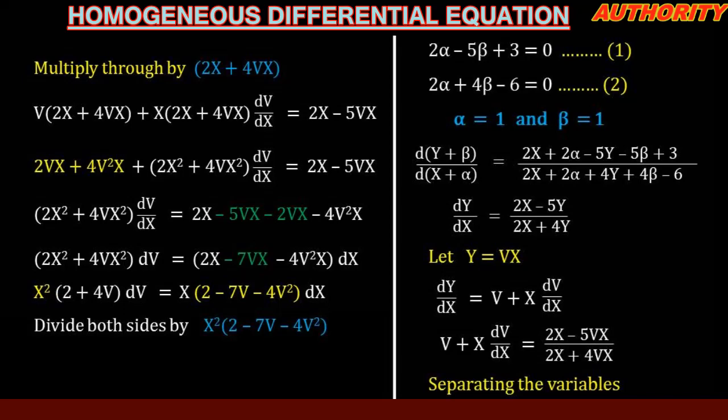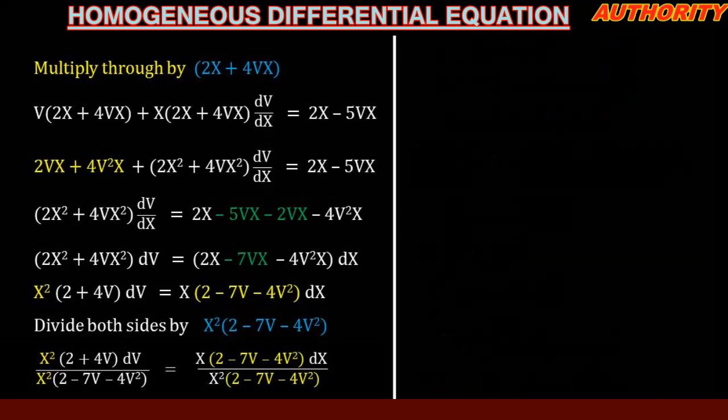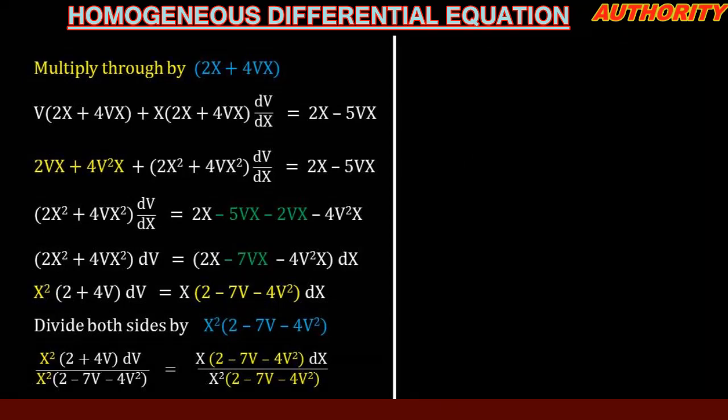All right. Now, when we divide both sides, that means we are going to have x squared open bracket 2 plus 4v close bracket dv all over x squared open bracket 2 minus 7v minus 4v squared close bracket equal to x open bracket 2 minus 7v minus 4v squared close bracket dx all over x squared open bracket 2 minus 7v minus 4v squared.